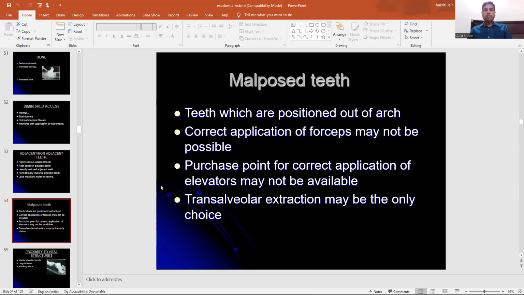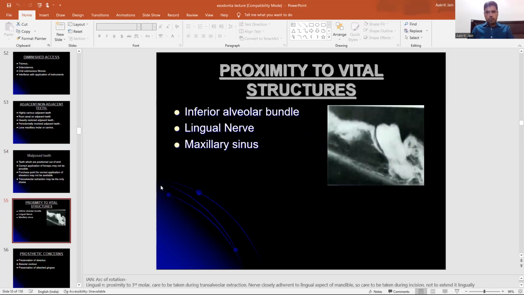Now comes the malposed teeth. Teeth which are positioned out of the arch. Correct application of forceps may not be possible. A purchase point for correct application of elevators may not be available. Transalveolar extraction may be the only choice in these cases. Now, the proximity of vital structures.